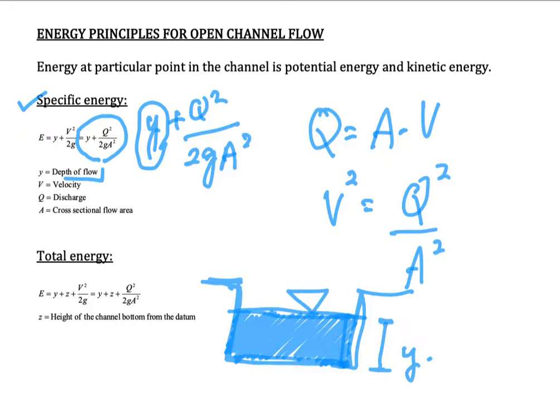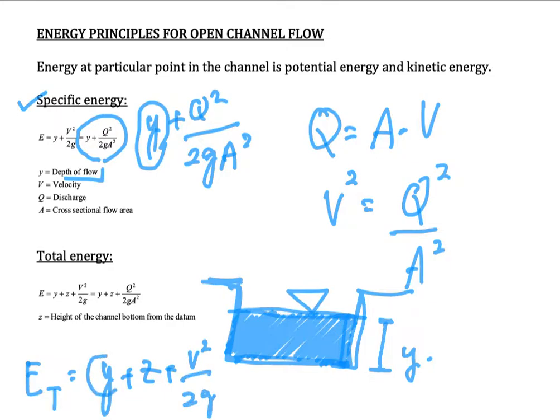Then we have another term called the total energy. The total energy is where we calculate the energy to reflect the inlet and the outlet condition, meaning you need to take the whole height of the channel. So the equation for the total energy is equal to y plus Z plus V squared over 2g.